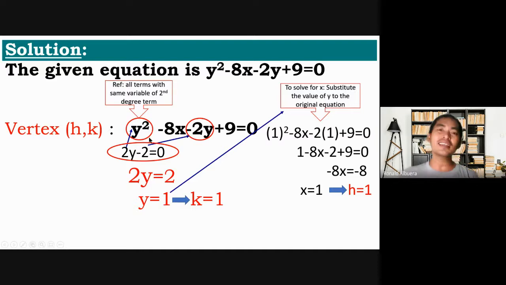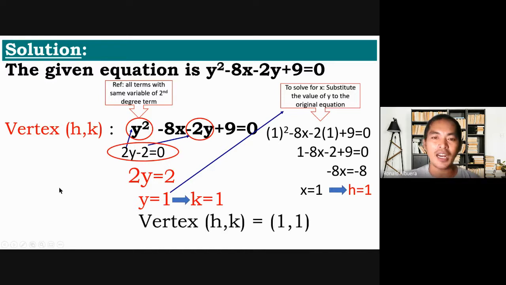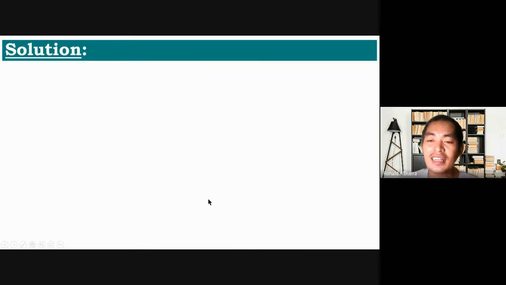Tingnan nyo, kahit hindi tayo nag-standard form, makukuha natin ang vertex applying this technique. Okay. Kung hindi nyo ito gamay, gamitin nyo yung standard form. Our vertex is 1, 1. Or i-standard form nyo.